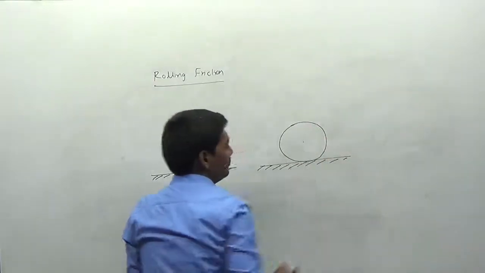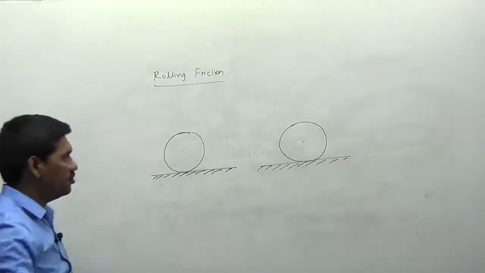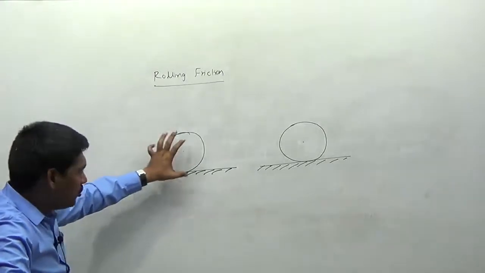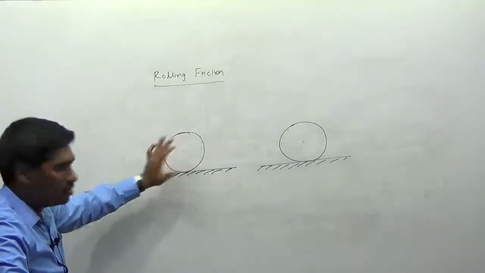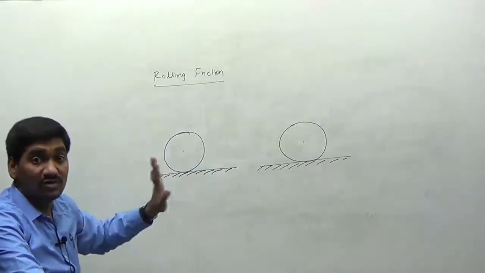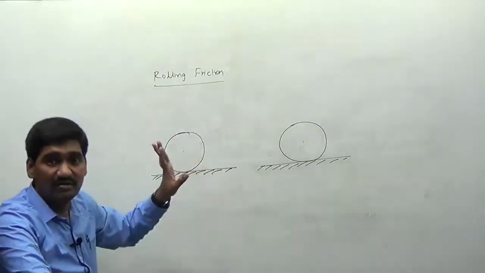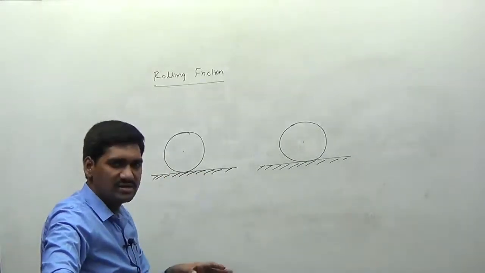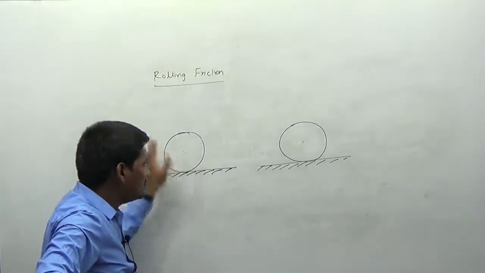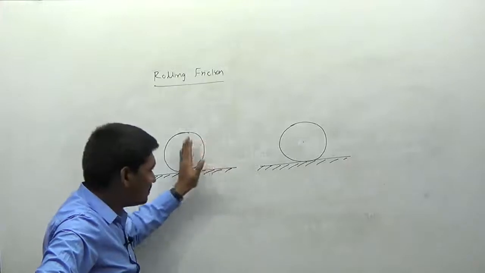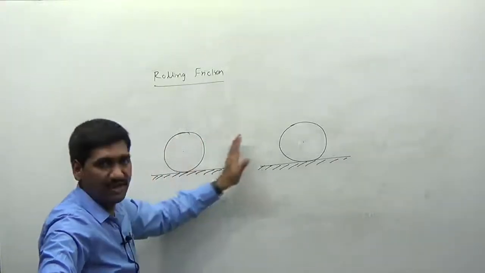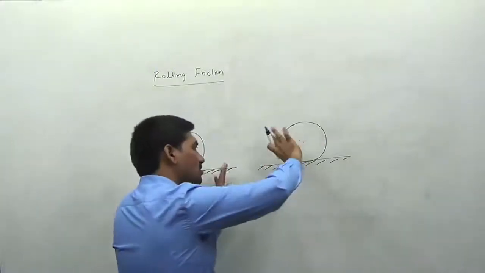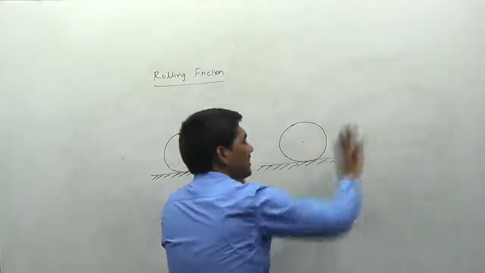Actually I'm taking two wheels. For example, I'm taking a wheel here. Now I want to roll this wheel towards the right side without sliding. We have discussed different things in detail, and in the problems I will discuss them in detail. I want to roll this body also towards the right side.